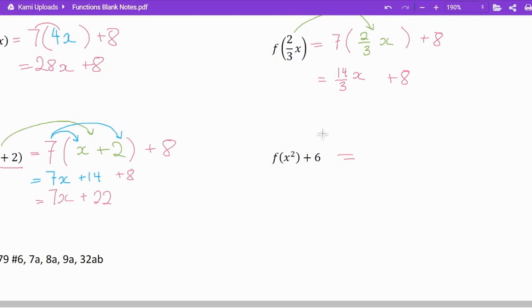And in the last example, I see that my input, now remember, the input is just what is in the brackets. So what's my input? It's just the x squared. Well, how about the plus 6? Where does that go? Okay, so let's add some brackets to represent the function.